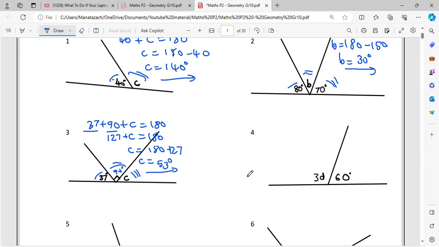And then question 4, both of these angles are supplementary. So 3D, in fact it's 3D, not 3B.